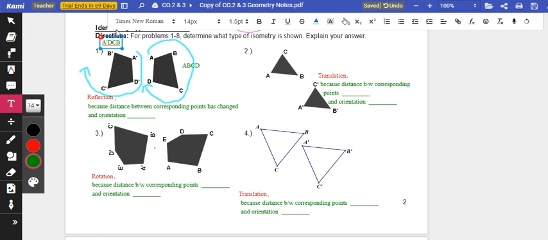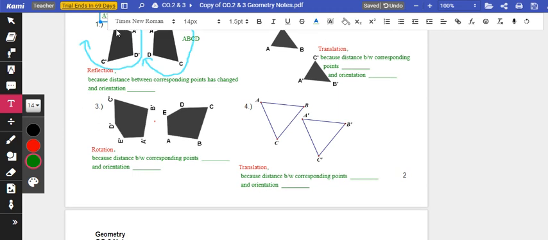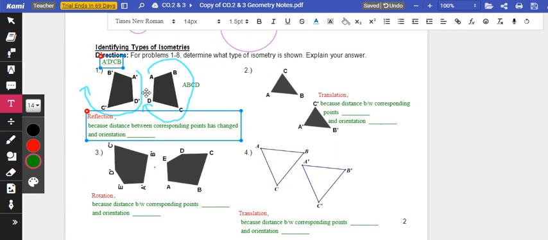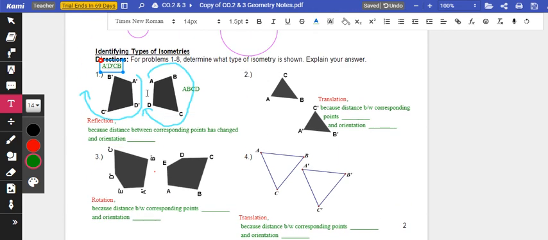And really that would be A prime, D prime, C prime, and B prime. Because the letters are in a different order, that means my orientation has also changed.